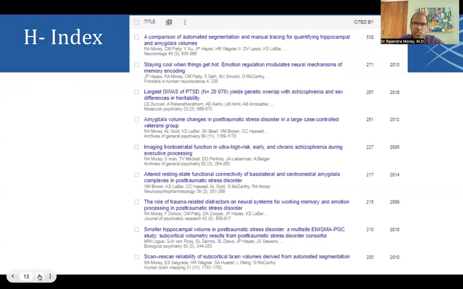So just as an example, this is a list of publications, and you can rank them 1, 2, 3, 4, 5, 6. Those are the ordinal numbers, and then you can list the number of times it's been cited. And if, say, for example, this is the 200th publication, and it's been cited 200 times, then your H-index is 200.